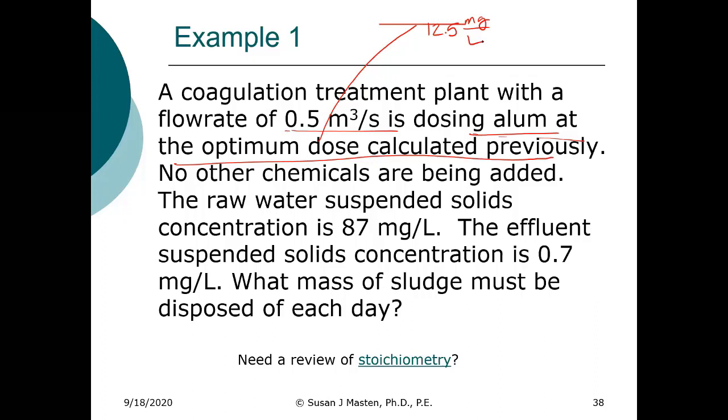We'll assume that no other chemicals are being added, and we have a raw water suspended solids concentration of 87 milligrams per liter. This is extremely high, but perhaps there was a major storm event that mixed up the sediments, and we now have this river water that we have to treat with a very high suspended solids concentration. And we want an effluent suspended solids concentration of 0.7 milligrams per liter.